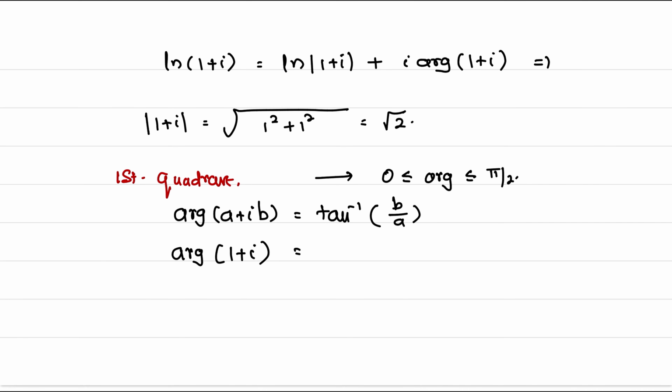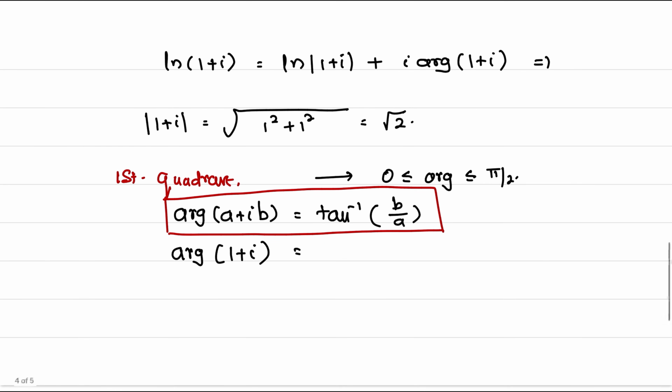This you please remember. This is very important. These things I have already explained in my previous classes; please see those lectures on complex numbers. The argument of 1+i will be tan inverse 1 by 1, that is tan inverse 1, which is equal to pi by 4. The value of tan inverse 1 is pi by 4.